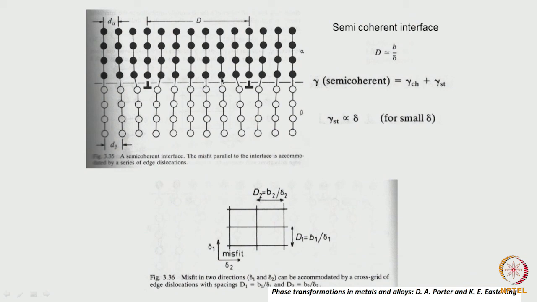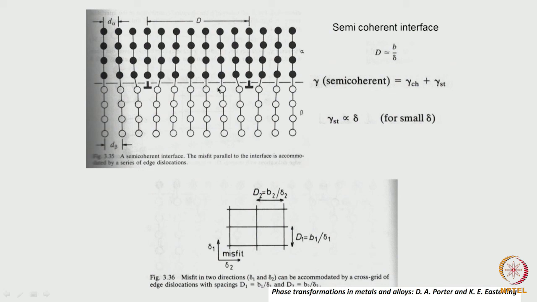Earlier, all the planes were distorted around the interface. Now most of the planes maintain perfect coherency. Only around the dislocation is this distortion there, correct? So the coherency strain could be reduced. These types of interfaces are called semi-coherent interfaces.